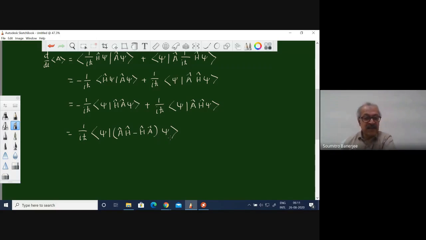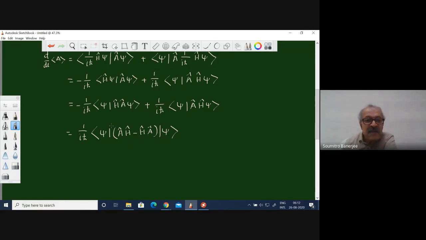And this is clear that this is nothing but, I can also put it like this, AH minus HA operating on psi. So this looks like a sandwich integral.